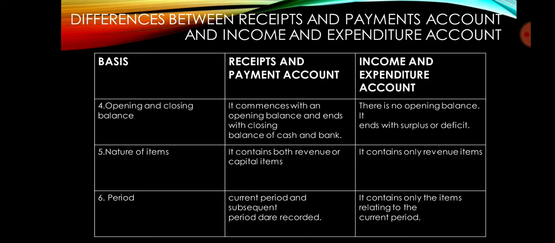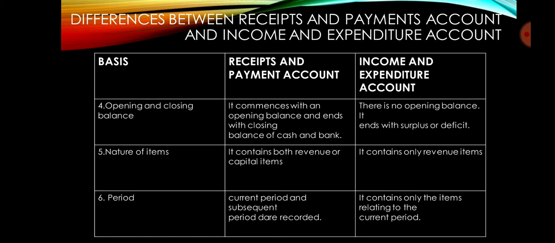And fifth one, nature of items. Receipts and payment account contains both revenue and capital items, but income and expenditure account contains only revenue items. Then last one, period.